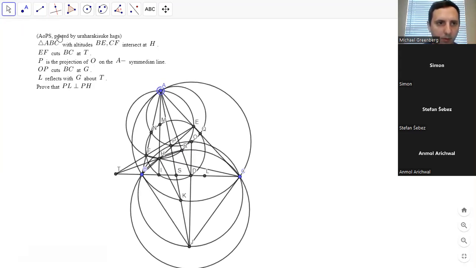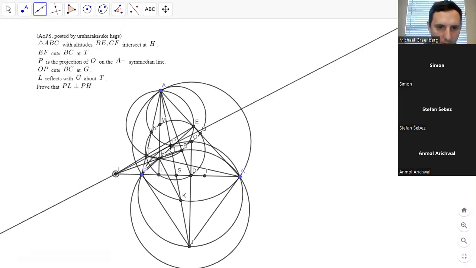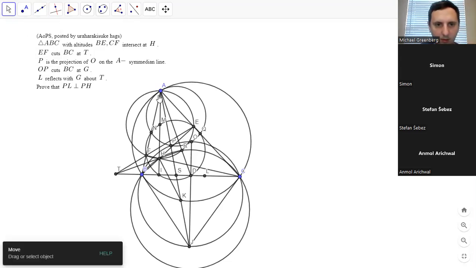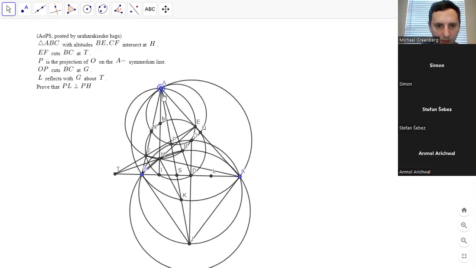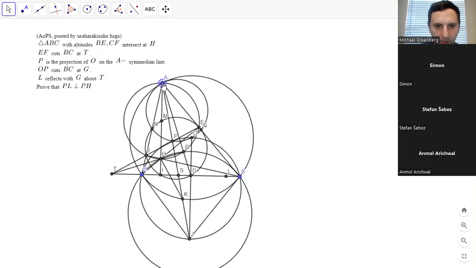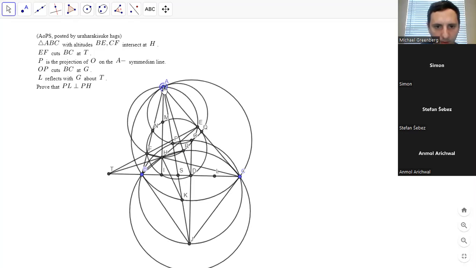Let's see. Yeah, I don't think there's anything special about that point. How do I draw a good diagram here? I think that's good enough.